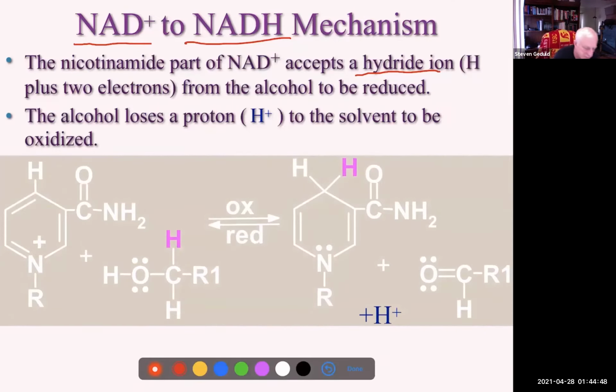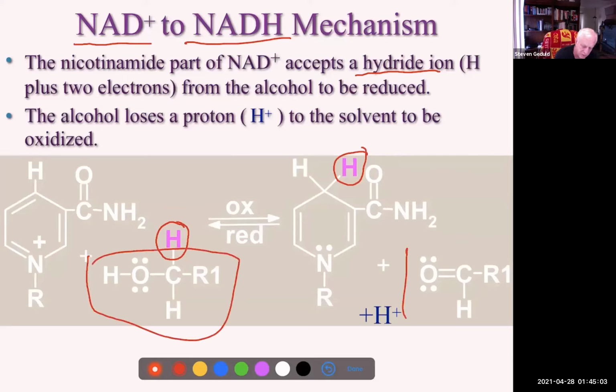So it takes the hydrogen from this alcohol and reduces it here. The alcohol is oxidized because the alcohol goes from that here to a carbonyl group, so you added more bonds to oxygen.